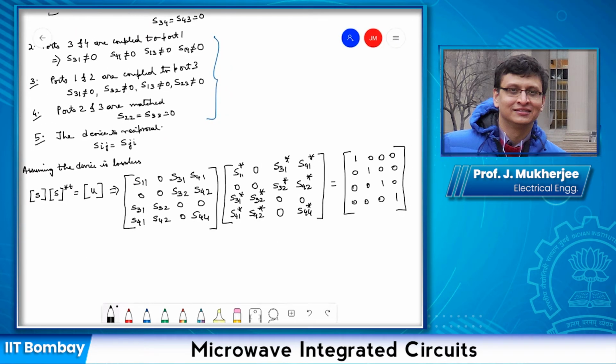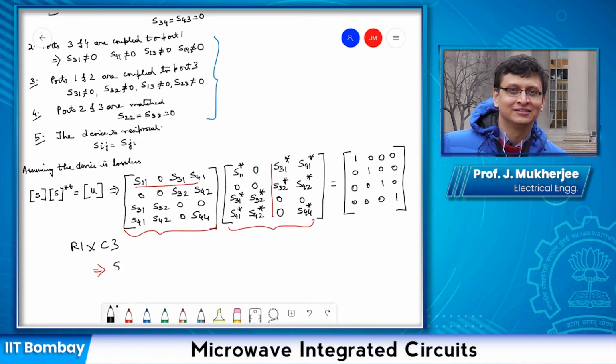Now suppose I multiply row 1 of this matrix with column 3 of this matrix. Row 1 means this row, column 3 this one. What do I get?